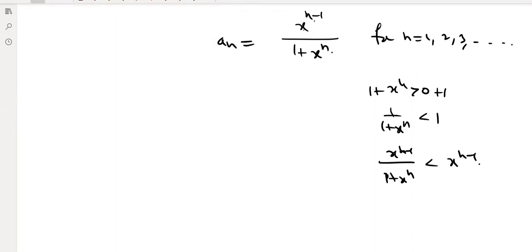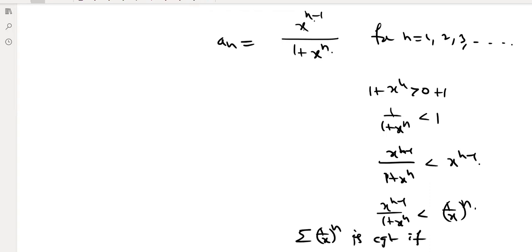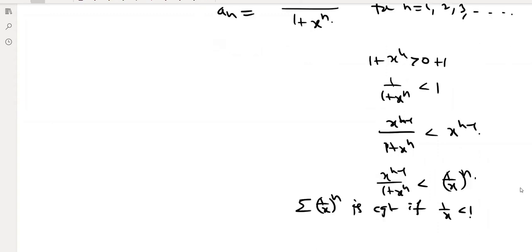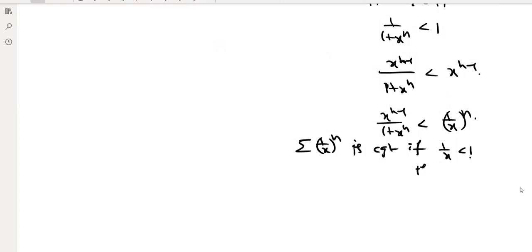So what is this exactly? This is nothing but x power n minus 1 by (1 plus x power n), which is less than (1 by x) whole power n. So by the comparison test, this series is convergent if 1 by x is less than 1, that is, x is bigger than 1.